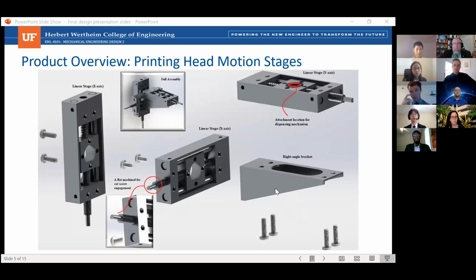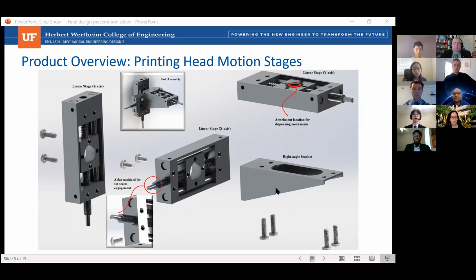Our design uses 3 linear stages with dowel pin bearings to control the XYZ motion of the dispensing mechanism. The motion is driven by an 80 TPI adjustment screw with a flat machined onto it, as shown in the red circle in the middle of the presentation, to provide mechanical engagement with a set screw for power transmission along the shaft.